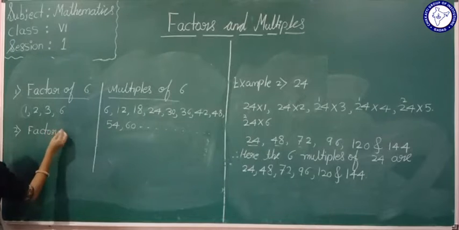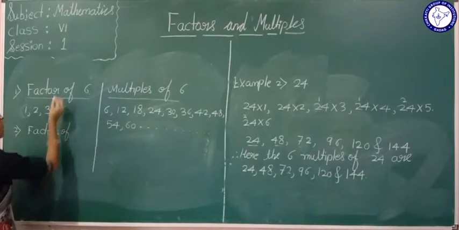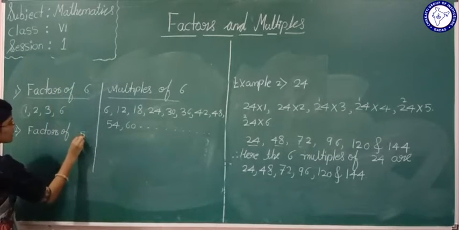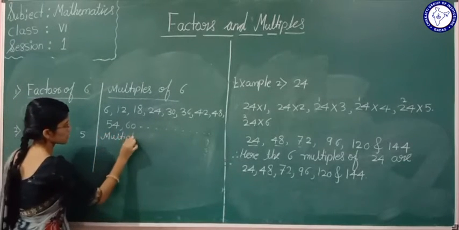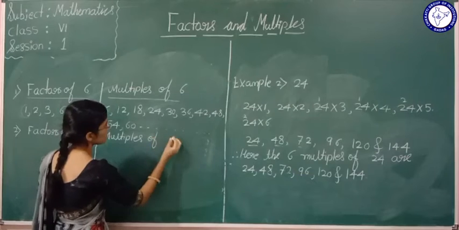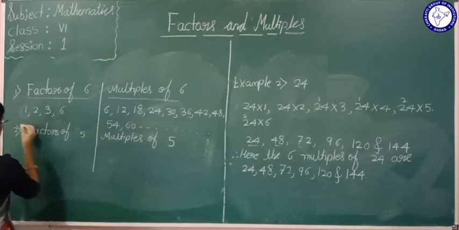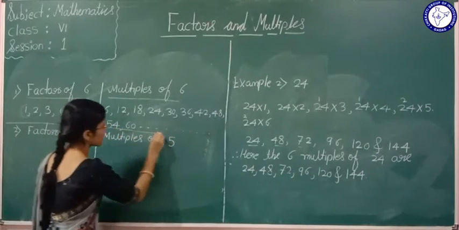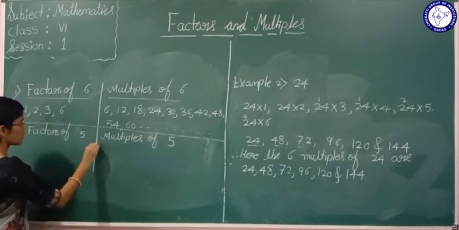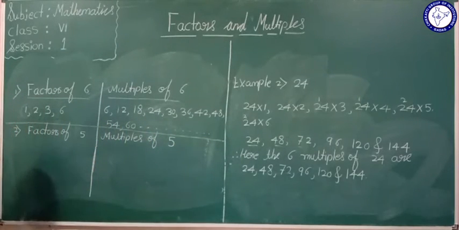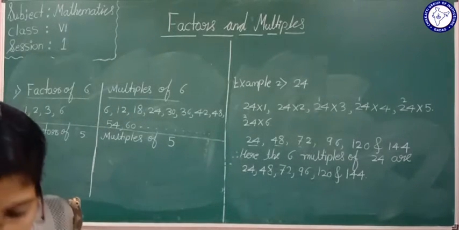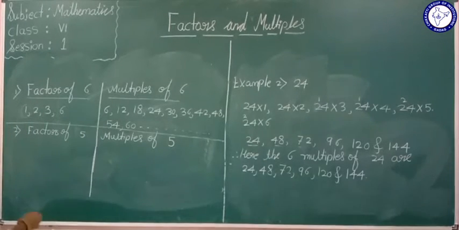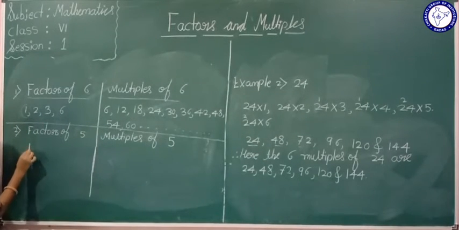Factors of 5 and multiples of 5. What are the factors of 5? The factors of 5 are 1 and 5.